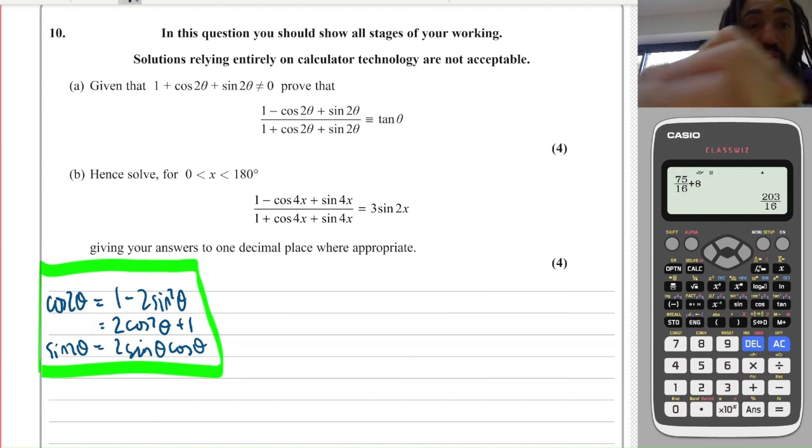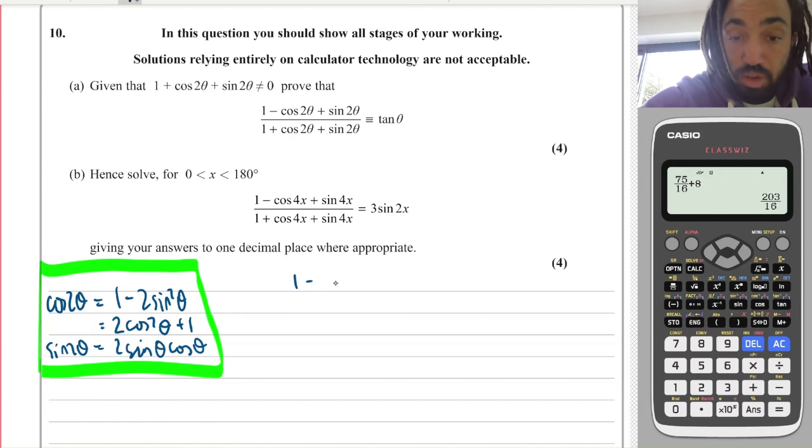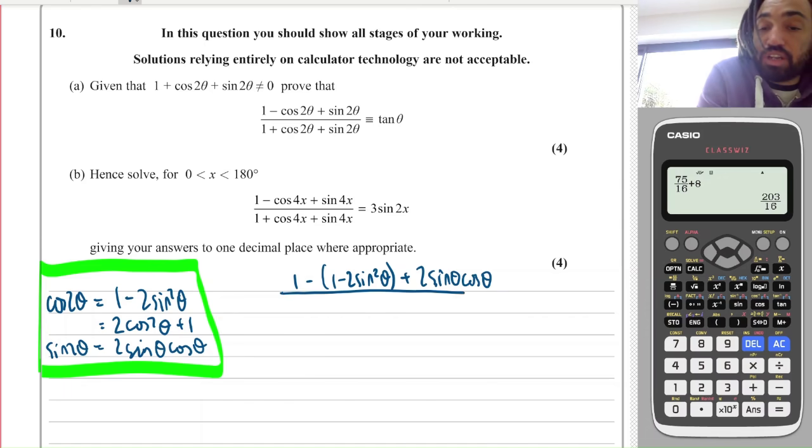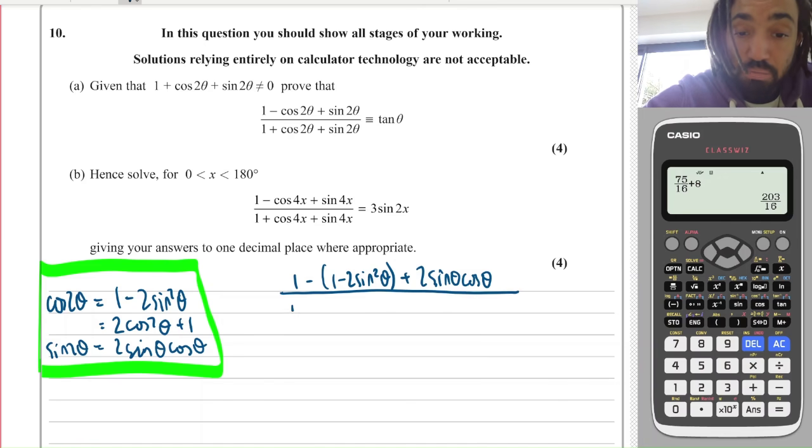And then what we're going to do is we want to make the top sort of as sine-y as possible. So I'm going to use the sine expansion for cosine 2 theta on the top. And that is because I'm told that it's all going to equal tan. And tan is, of course, sine over cos. And let's make the bottom as sort of cosy as possible. So I'm going to use the cos expansion for this one.